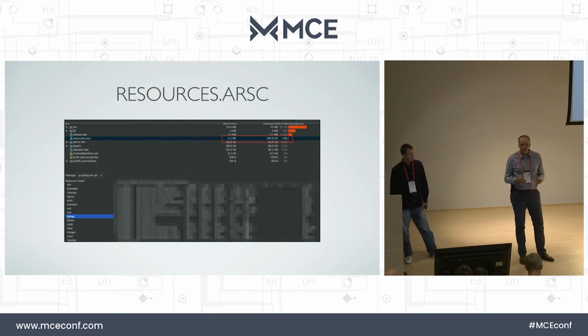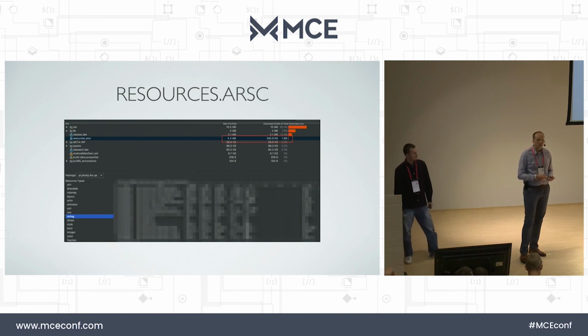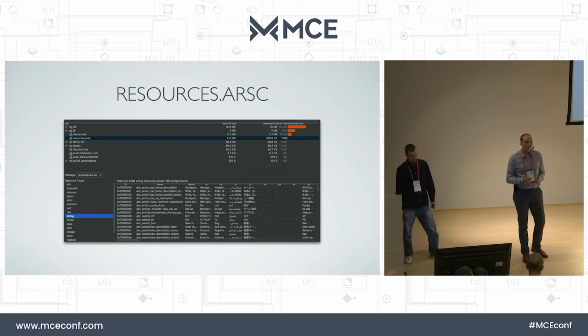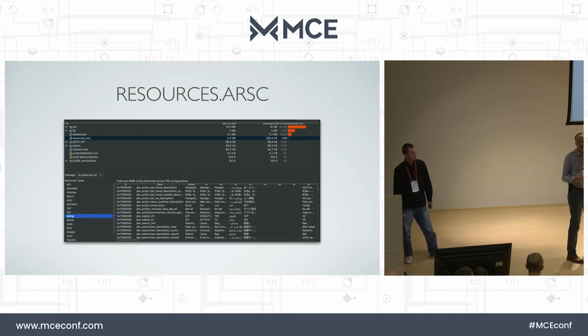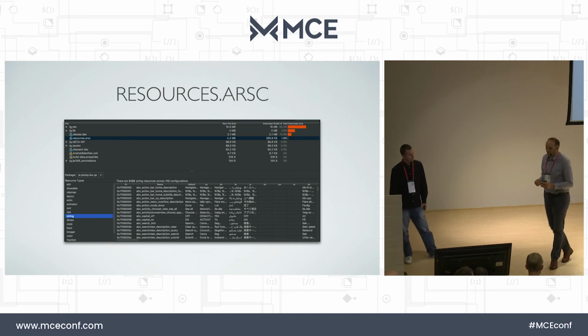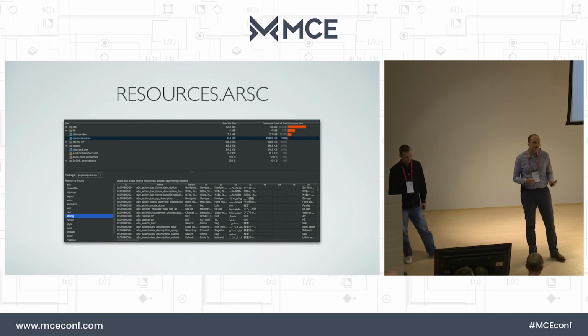And we started looking at what this file actually contains, what strings we have in our APK. And it occurred that even if you are not using some languages, but you do use the support library or Google Play, they provide you their own components. These components have some labels.